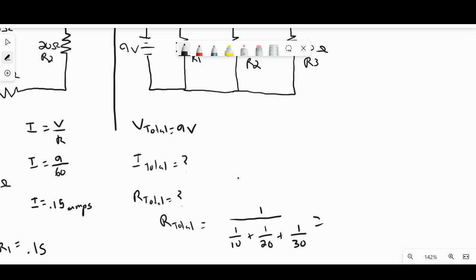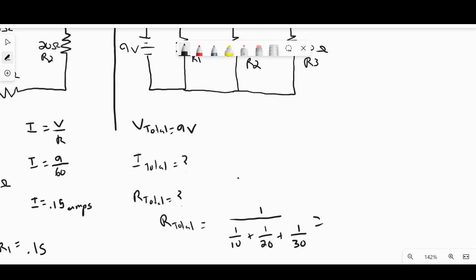And if we do 1 divided by 10 plus 1 divided by 20 plus 1 divided by 30, I'm just doing a little math here. We get a total of 0.183 repeating.